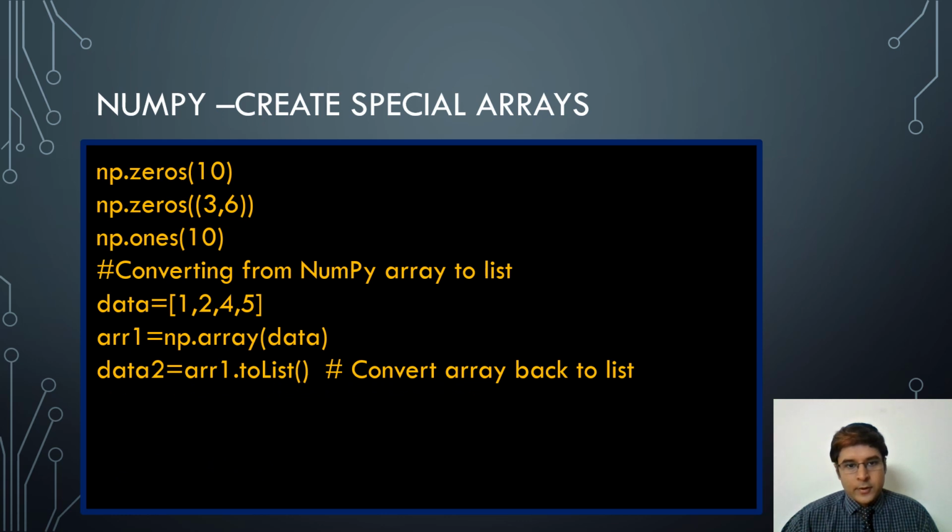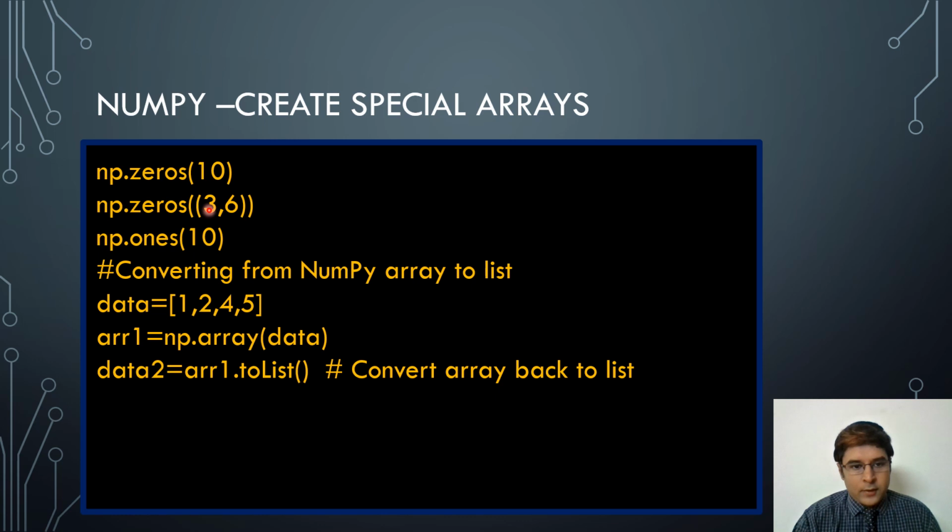Now to create special arrays in NumPy, we use methods like zeros and ones that take a number as an argument and create that many ones or zeros in the resulting array.